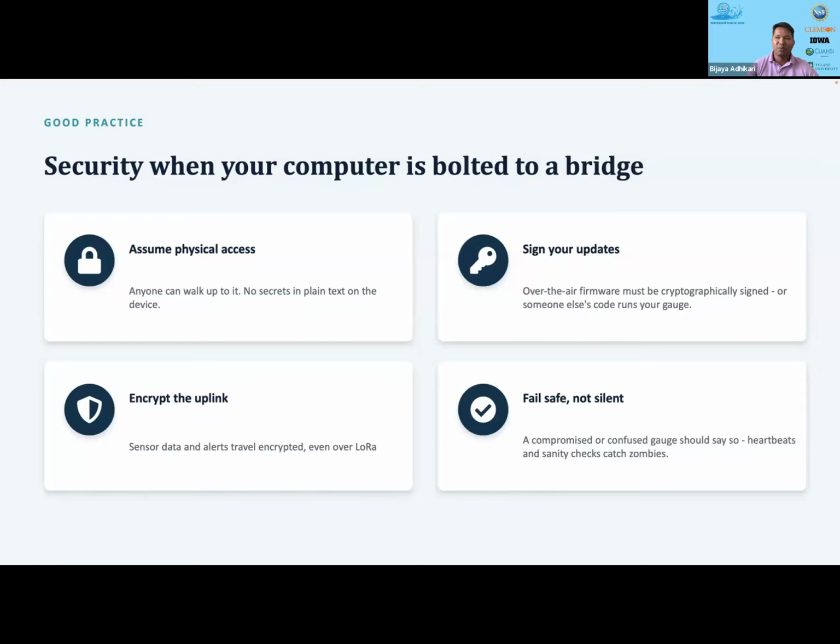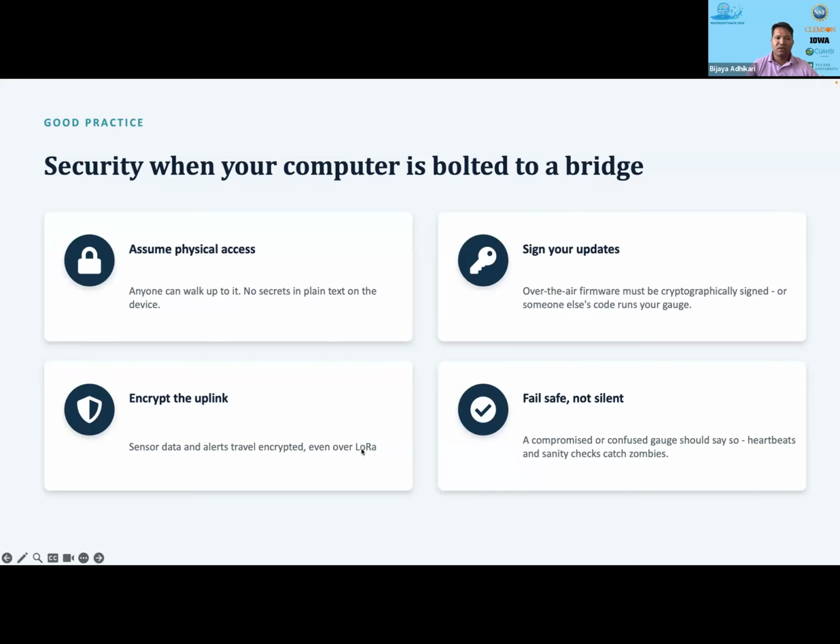You have to protect the computing that's being done on the gauge, so you don't want somebody's random code to run on the machine. You also want to encrypt the uplink. Sensor data and alerts have to be encrypted, otherwise somebody might do a man-in-the-middle attack.